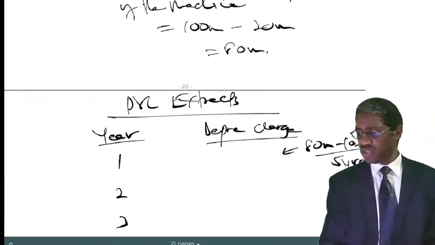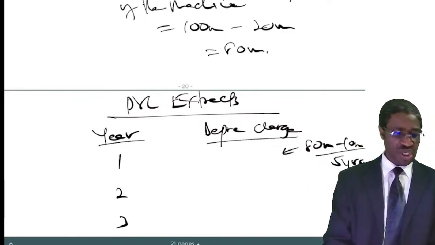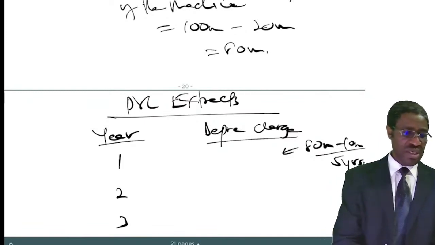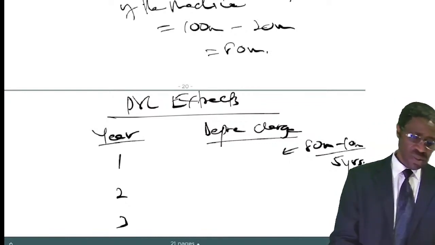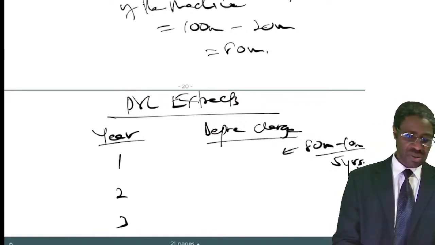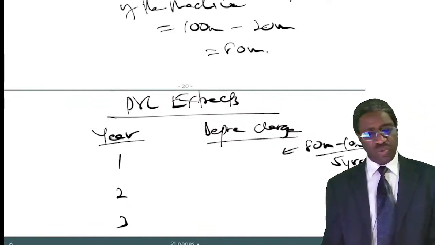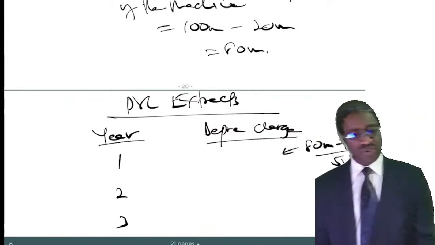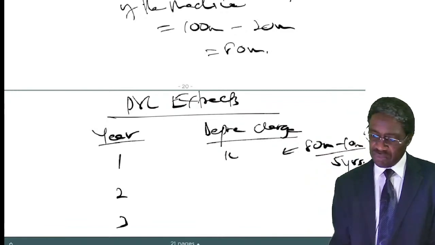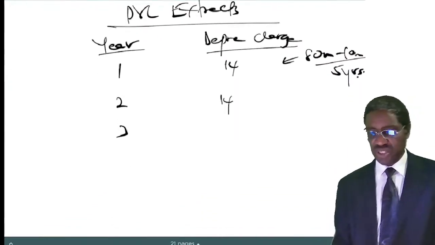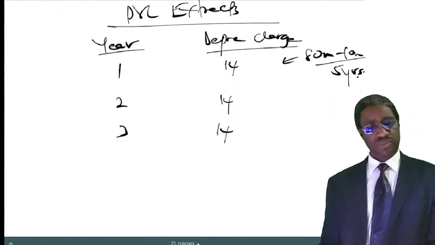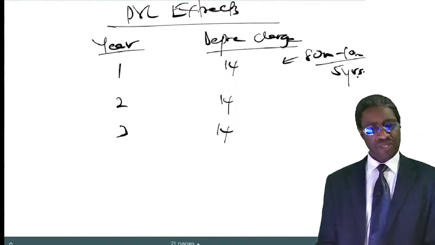It will be 80 million minus 10 million, and whatever you get, you divide that by 5 years. So every year, we are depreciating our asset by 14 million. That's all. Okay?